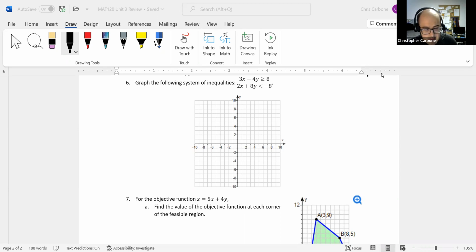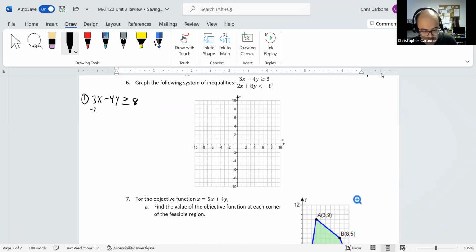So that first one, 3x minus 4y greater than or equal to 8. Let's solve for y there by first subtracting 3x from both sides. These cancel. Negative 4y is greater than or equal to negative 3x plus 8.